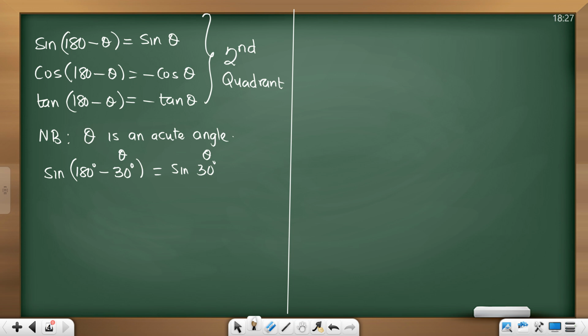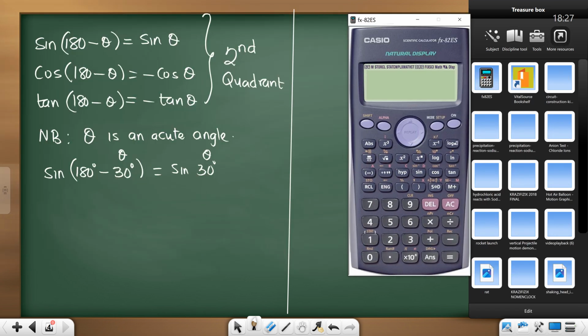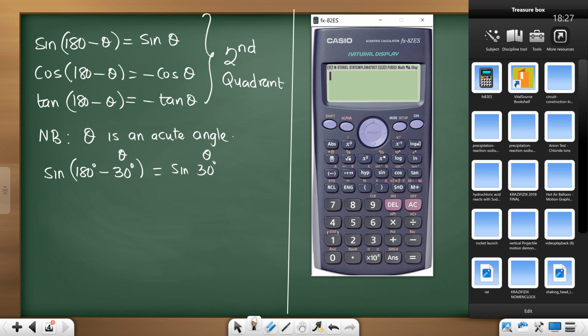Let's check on a calculator, everybody. Do you see? 180 minus theta. I'm just using 30. Could it be the same as sine 30? I'm going to grab a calculator. Okay, guys, I'll type the left hand side. Sine 180 minus 30. My theta is 30. You type the right hand side.